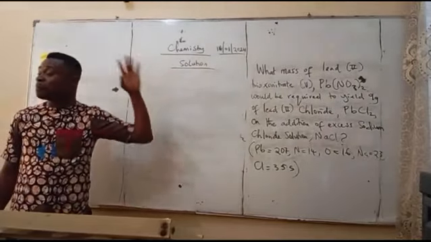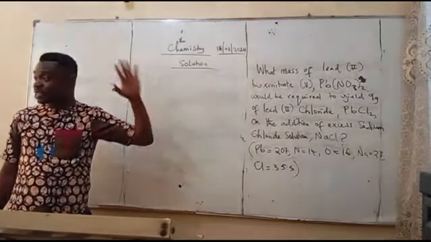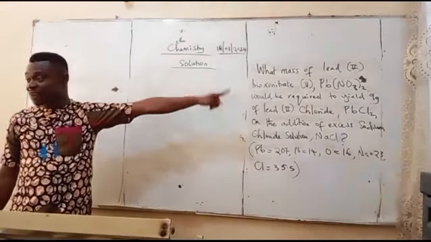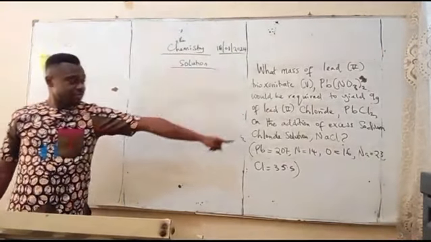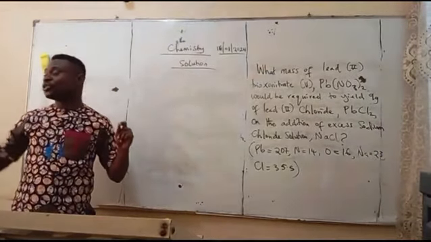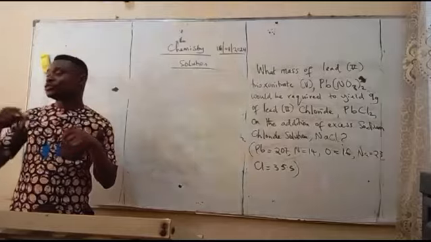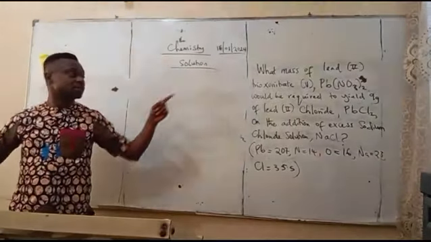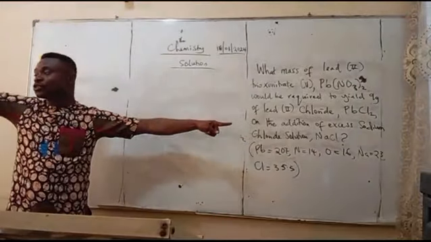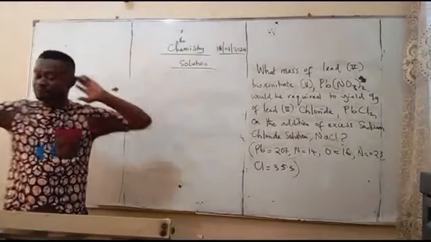Write down the balanced chemical equation between lead(II) trioxonitrate(V) and sodium chloride, because it's lead(II) trioxonitrate(V) and sodium chloride that will react to form a precipitate. So lead chloride and sodium trioxonitrate(V) are the products that will form.